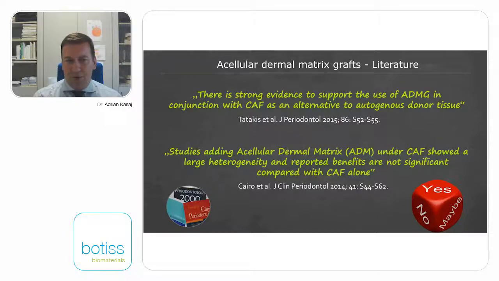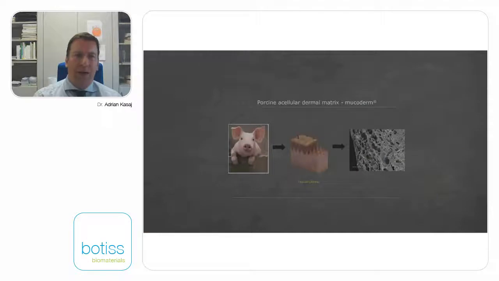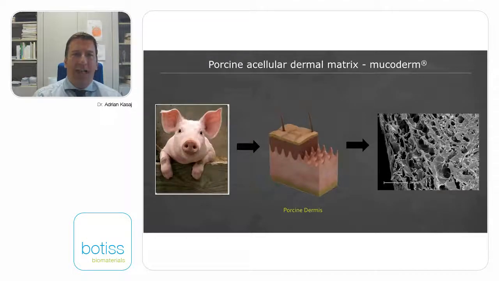So you see some contradictory statements regarding alloderm. However, this shouldn't bother us too much since in all European countries alloderm is not legalized, and it's also not going to be legalized. So we are focusing more and more on acellular dermal matrices of porcine origin.